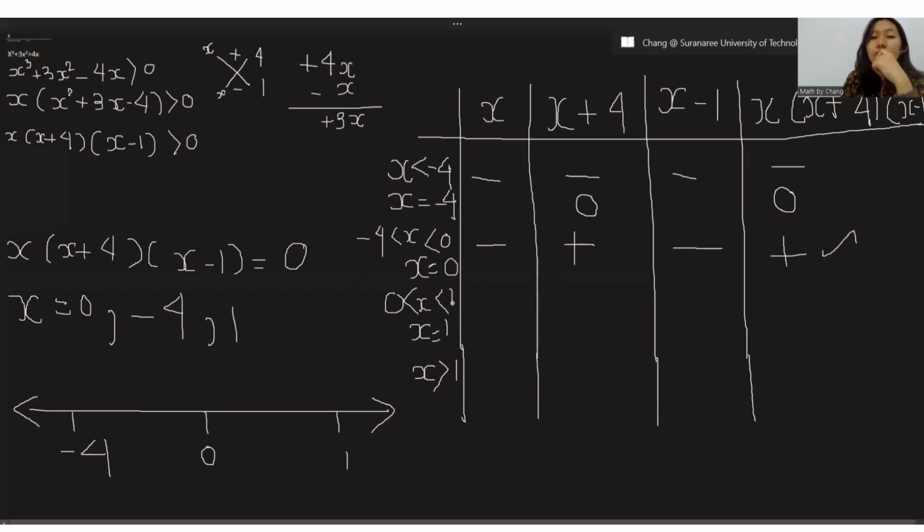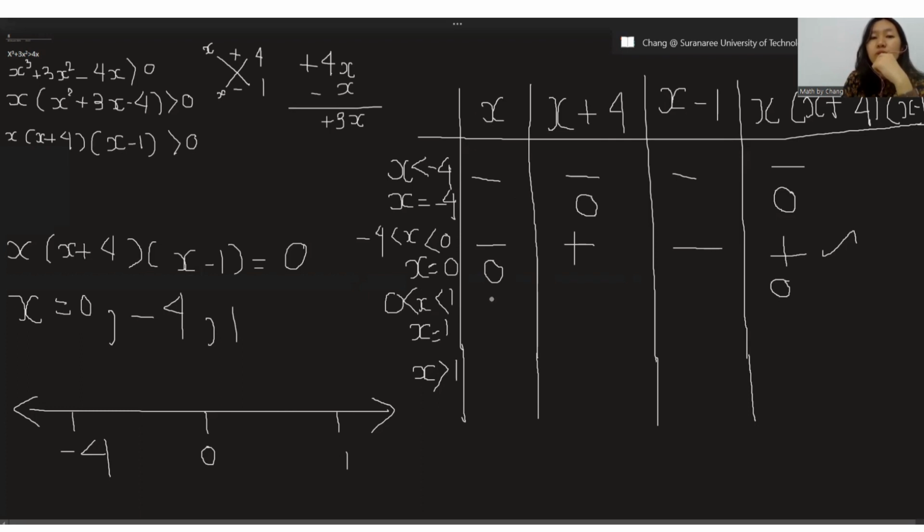And also when x equals 0, no matter whether the other two factors are positive or negative, you will only get 0. So you don't need to consider that value, x equals 0. All right, so between 0 and 1, what will it be? I will take 0.5.